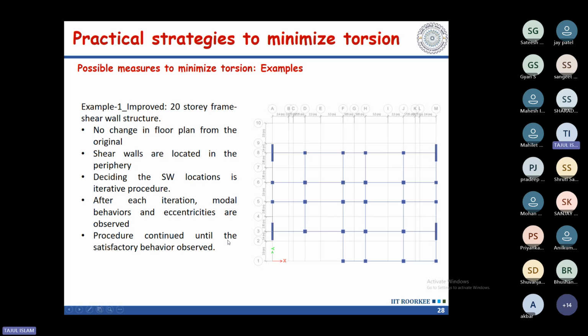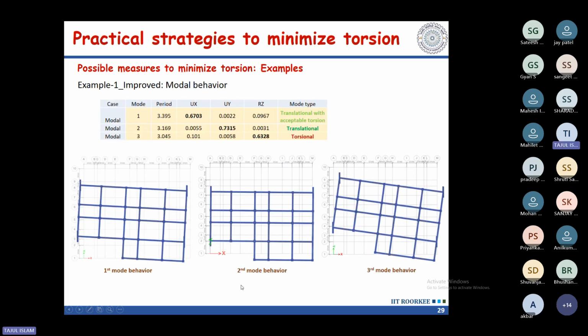The procedure continued until satisfactory behavior was observed. So once your condition is satisfied, this is what I got. Although by checking the mode shapes you can say this is not a pure translational mode in the X direction, in terms of the mathematical quantities the X direction participation is more than 65, so this is acceptable.